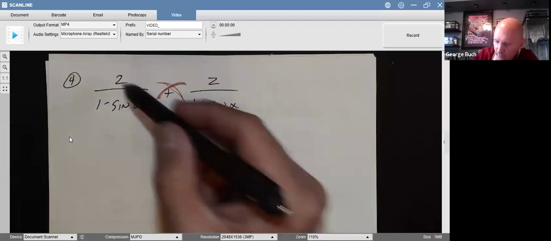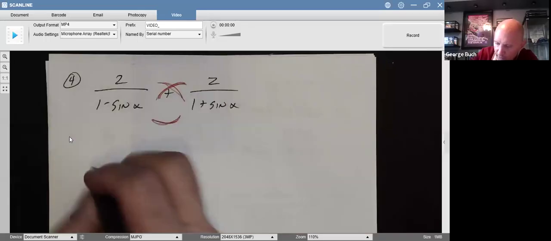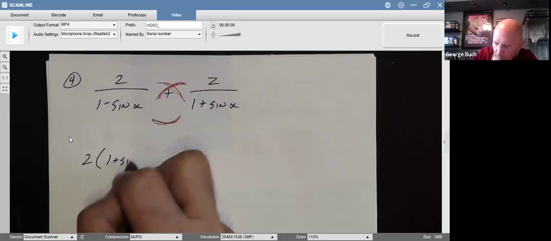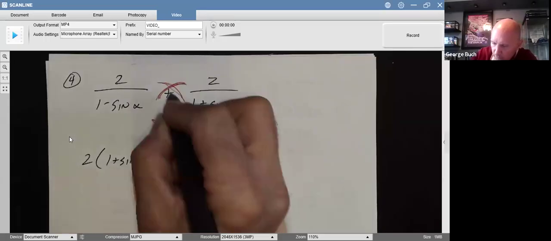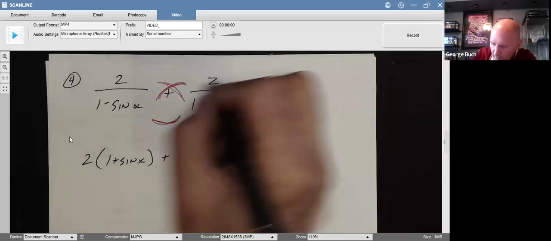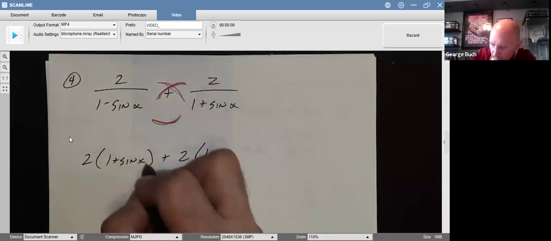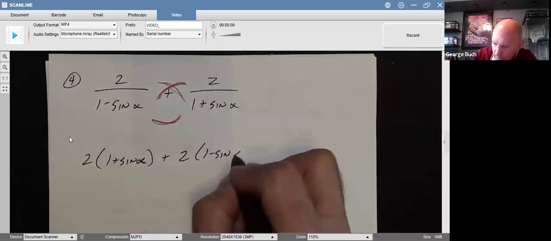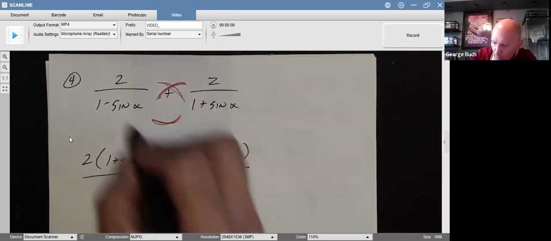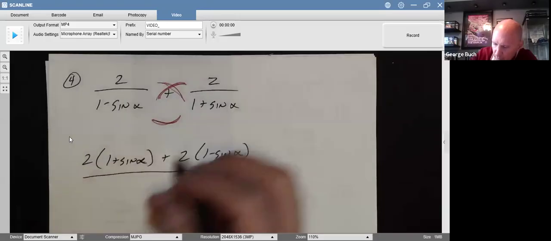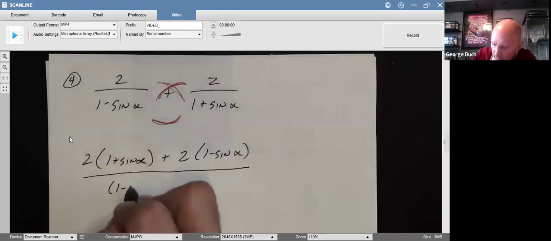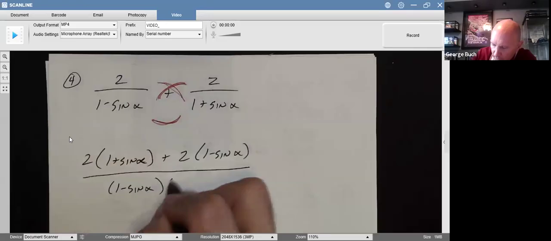It's 2 times 1 plus sine of alpha plus 2 times 1 minus sine of alpha, all over, and then multiply these guys. So 1 minus sine of alpha times 1 plus sine of alpha.